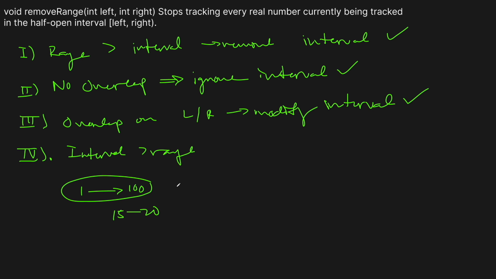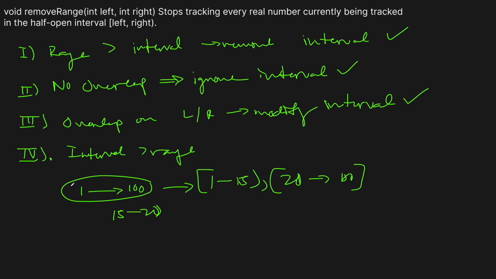And what we need to do is actually break it up into 2. So we want to have the interval from 1 up until 15, because remember, it's not inclusive on the left side. And then we want basically from 21 up until 100, right? So actually it should be 20 because this interval isn't inclusive on the end either. So basically we split it into 2 in that case.